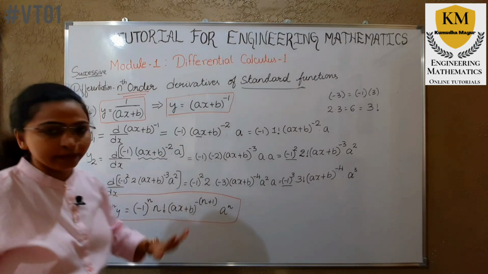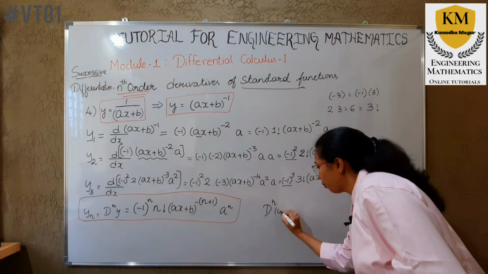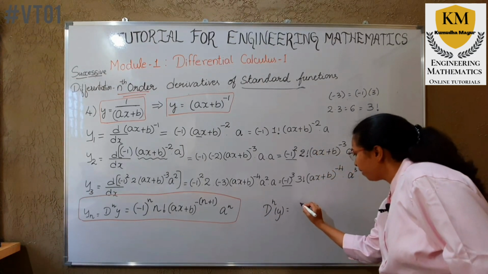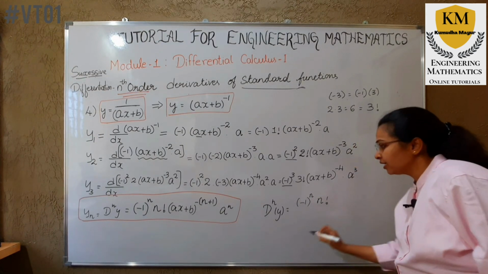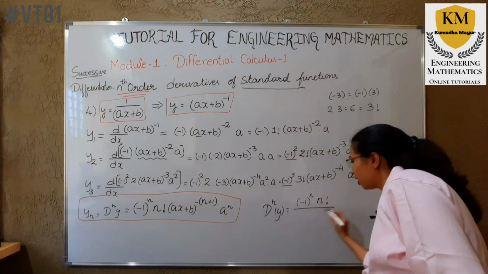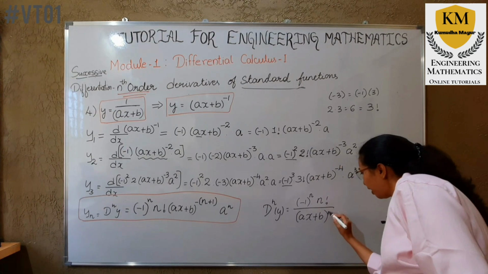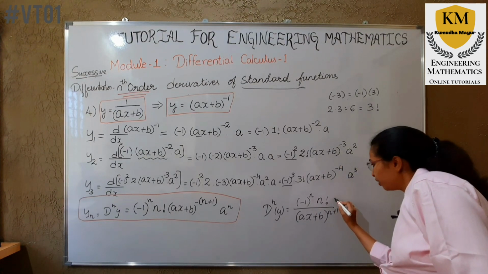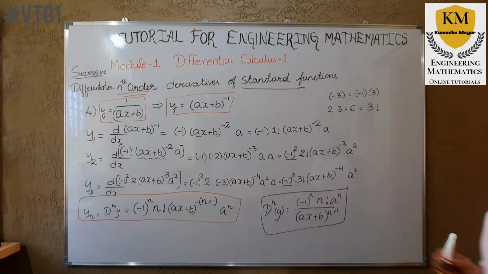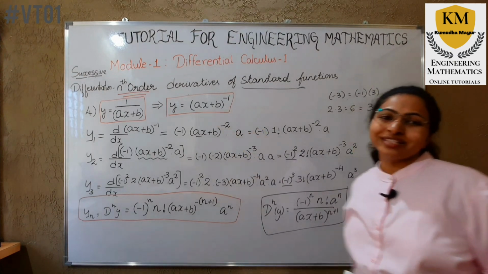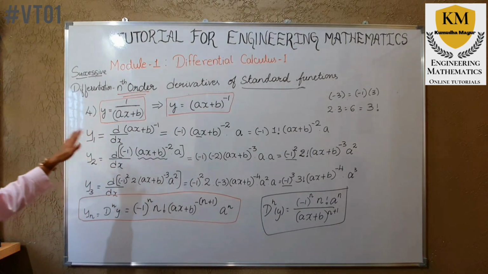This also can be simplified: dn of y is equal to minus 1 whole to the power n as it is, n factorial as it is. This is the negative power, let me take it down and write it as (ax plus b) to the power n plus 1, so into a to the power n here only. So this is the nth order derivative of the standard function y is equal to 1 divided by (ax plus b). Let me start with the fifth function.